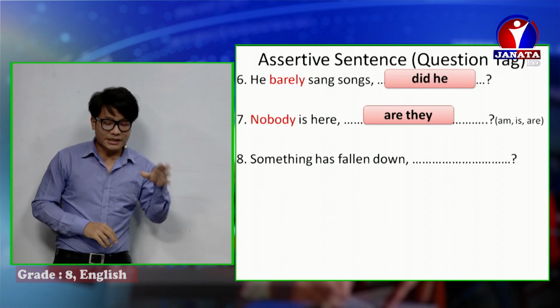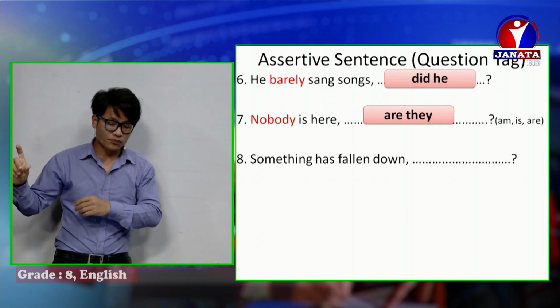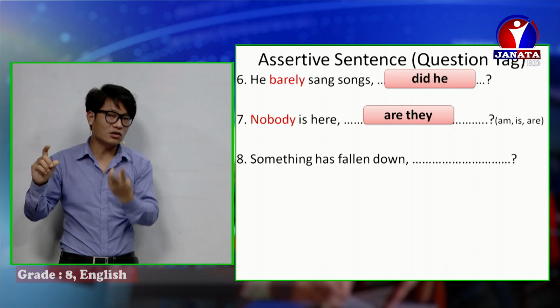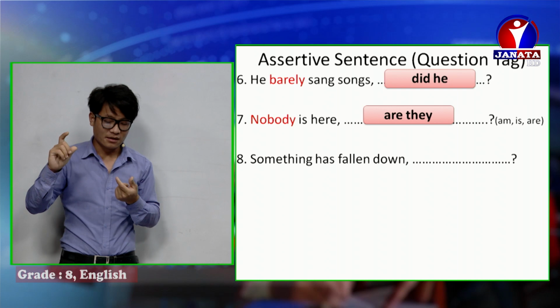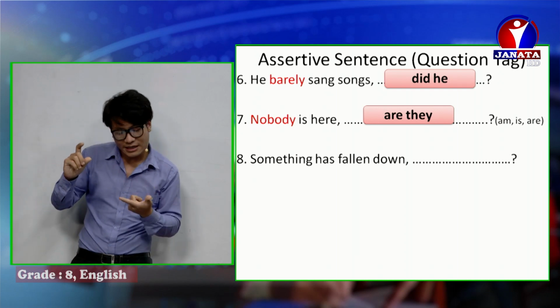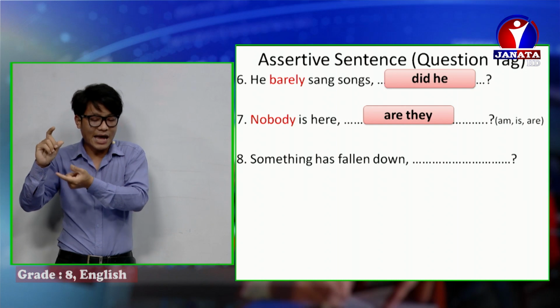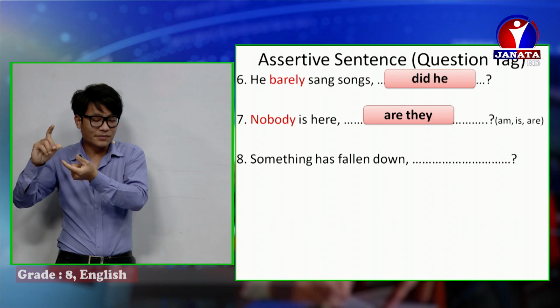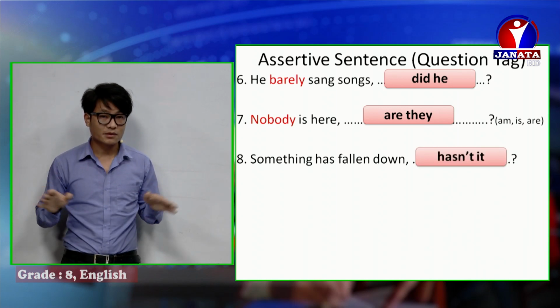So the pronoun it takes has. As this statement is positive, the question tag should be negative. Something has fallen down, hasn't it? The answer is hasn't it.